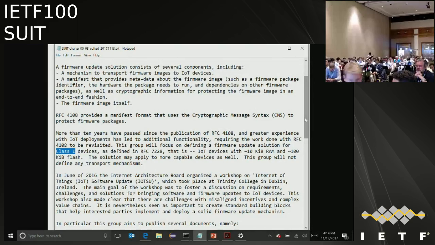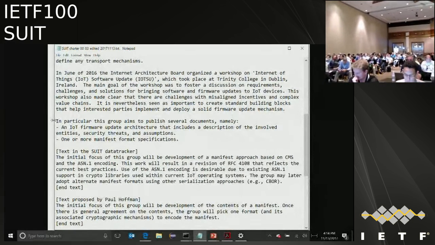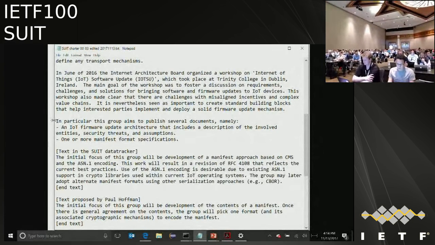So continuing on with the charter, in particular, this group aims to publish several documents, namely an IoT firmware update architecture that includes a description of the involved entities, security threats, and assumptions, and also one or more manifest format specifications. We've had a couple of interesting discussions on the mailing list, focused around some text on what the initial work of this working group will be.